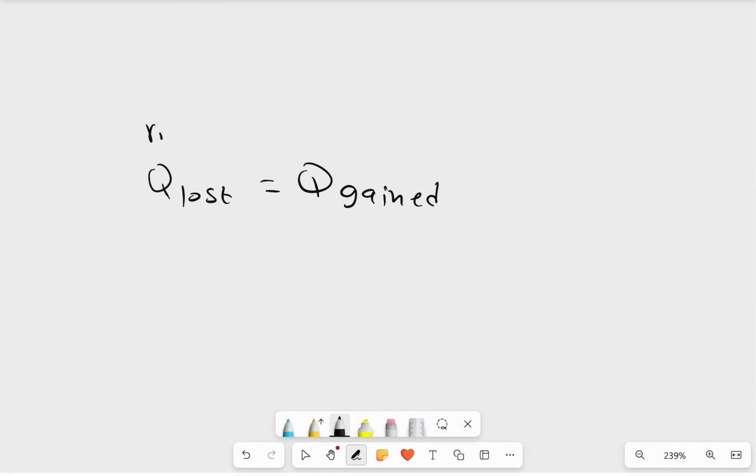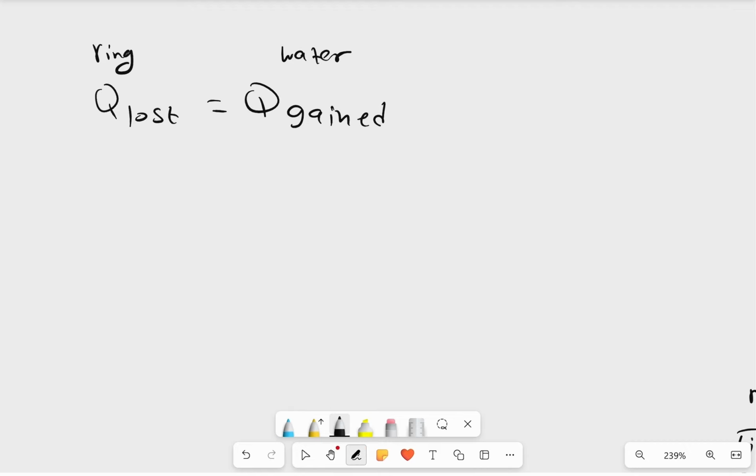Q lost by the ring is equal to Q gained by the water. This is the ring, which is gold, and this is water. Heat lost by the ring equals heat gained by the water. Cp of gold times mass of gold times change in the temperature of gold is equal to Cp of water times mass times change in the temperature of water.